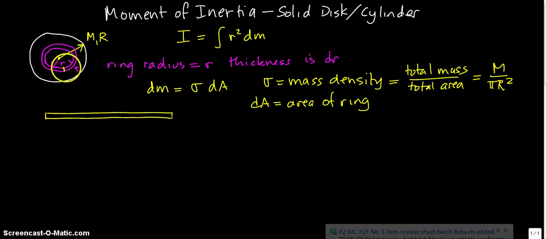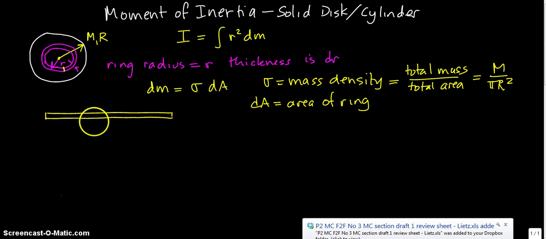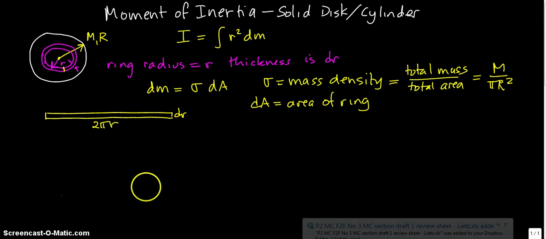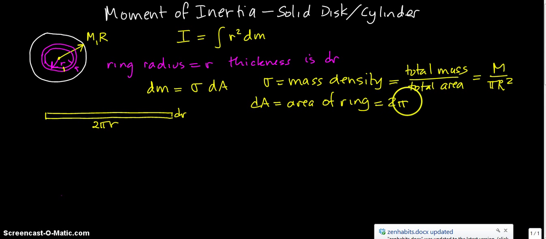And that rectangle has the length that's equal to the circumference of the circle, which is 2 pi times the variable radius r, and the thickness is dr. So the area of this, if it's thin enough, is equal to 2 pi r dr.